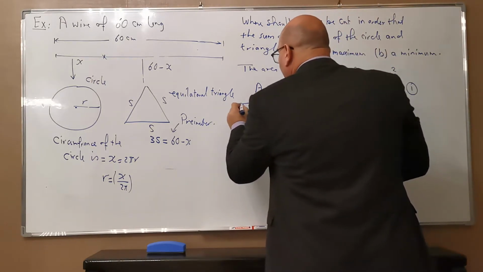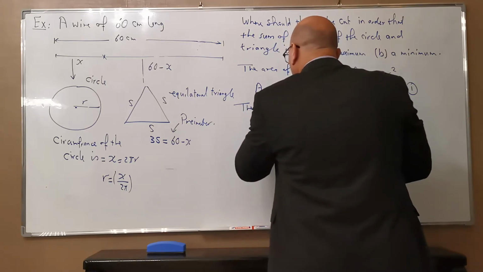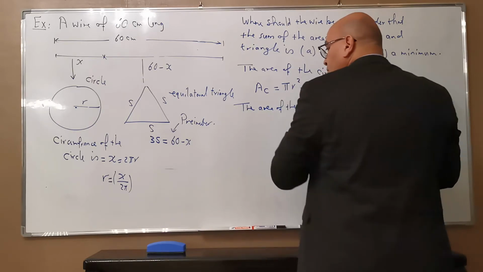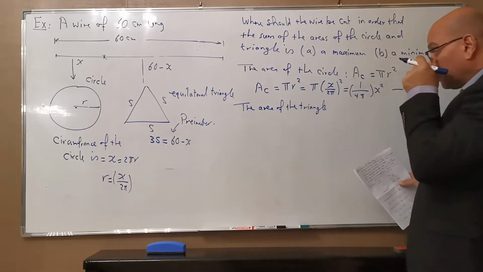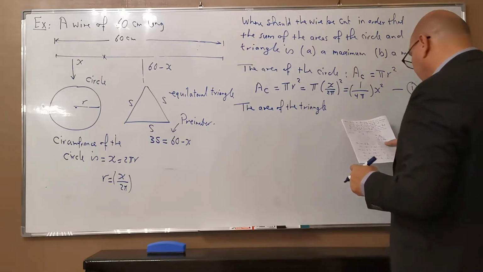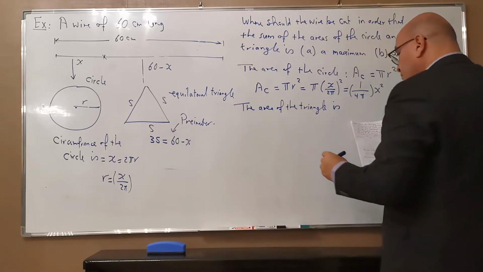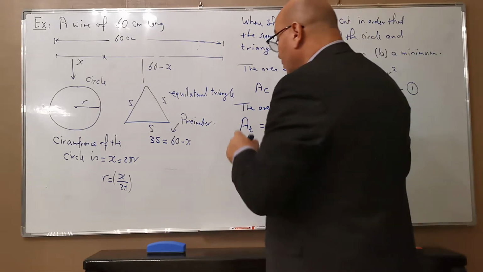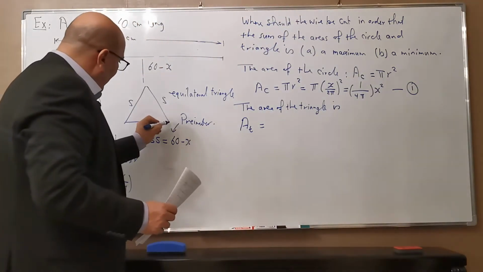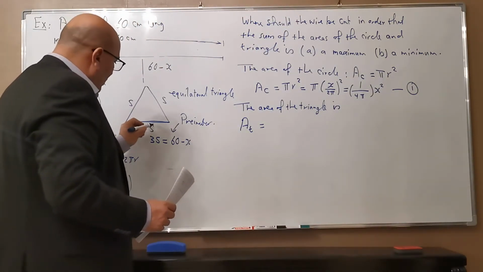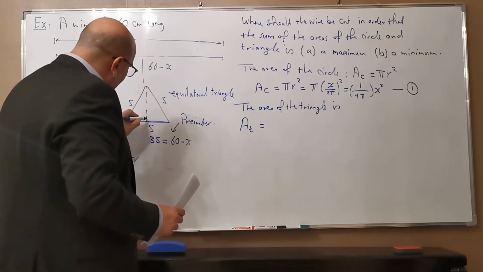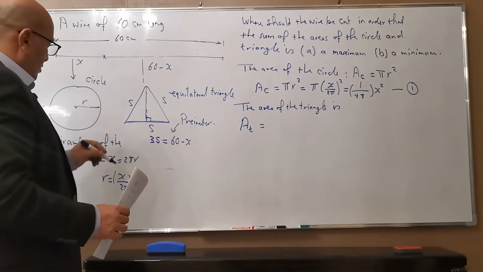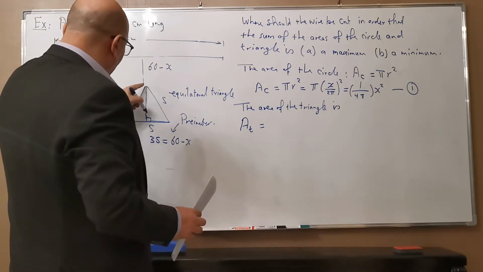Okay, the area of the triangle. The area of the triangle is AT, which is equal to, okay, we have this as the base of the triangle, which is equal to S, and we have this to be the altitude of the triangle.